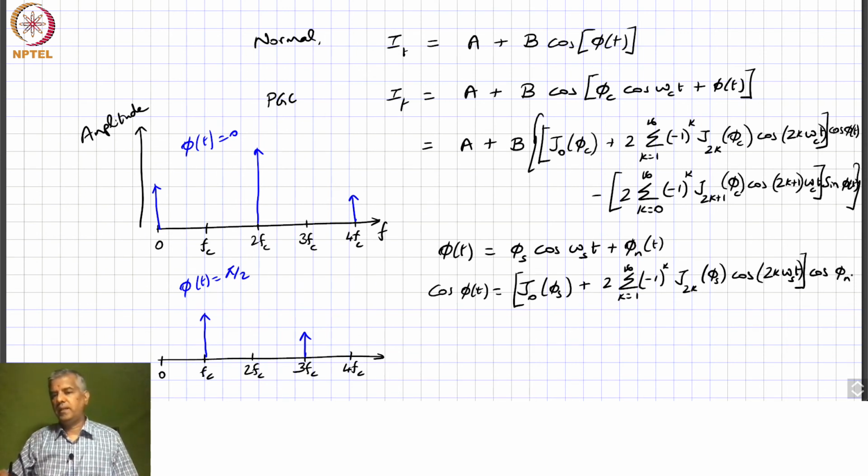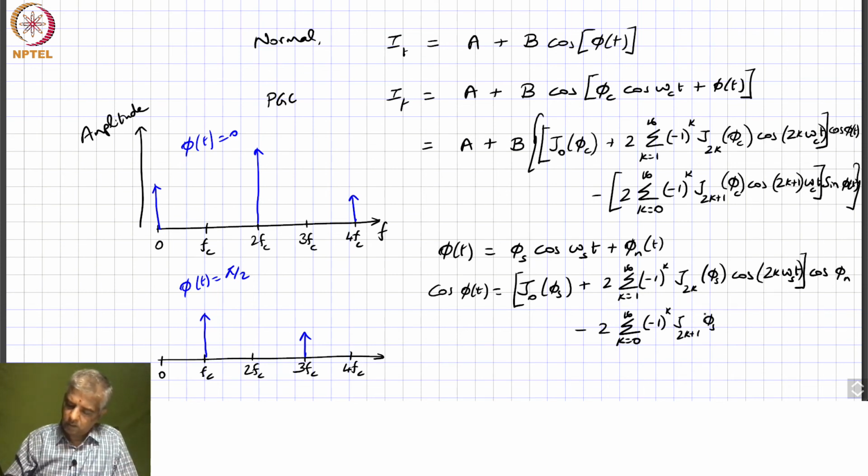And then minus 2 sum k equal to 0 to infinity of minus 1 to the power of k J(2k+1) of phi s cos of (2k+1) omega s t, the whole thing multiplied by sine of phi n.